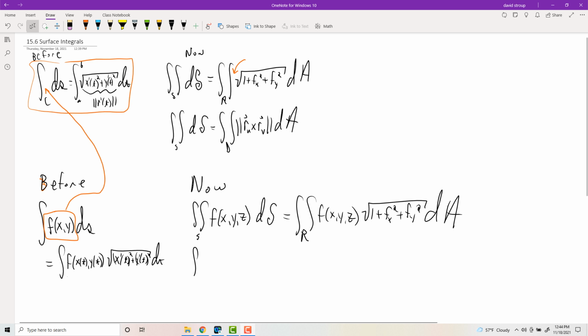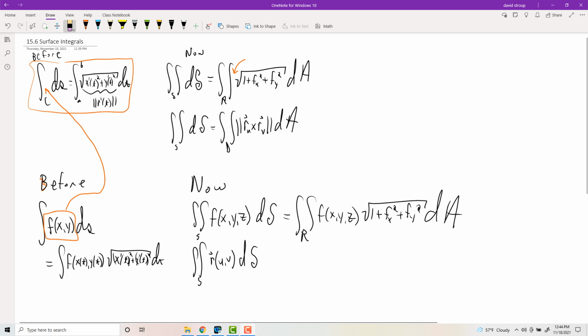Then in the parametric form, we'll also have to deal with that. You would end up with some function of uv plopped in here, dS. To evaluate that, we have to convert everything over.